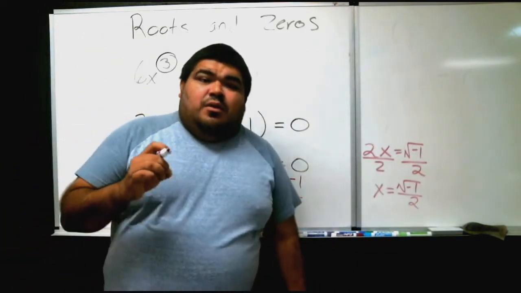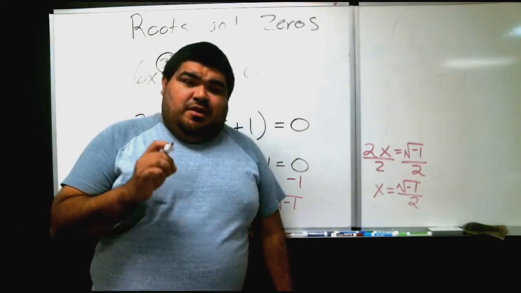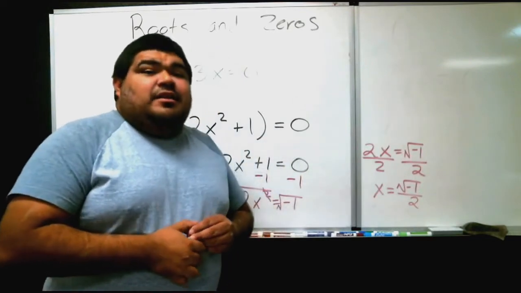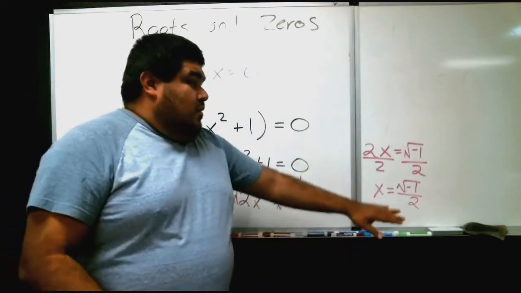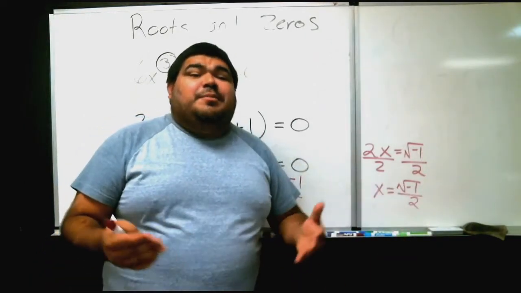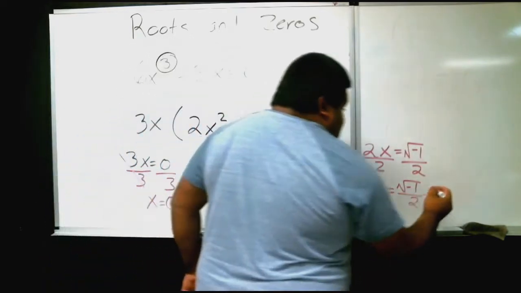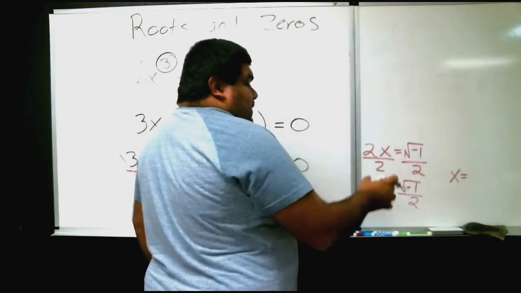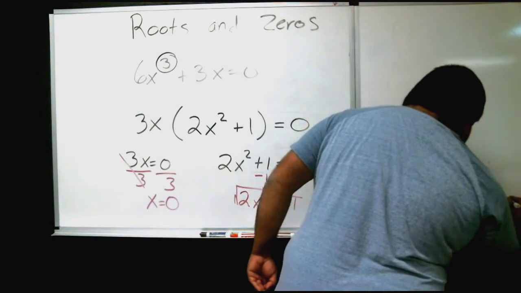If you guys remember, on concept 5 from the last 6 weeks, we did complex numbers where we introduced i. When you have a radical of negative 1, that becomes an i. So we have x equals i over 2.